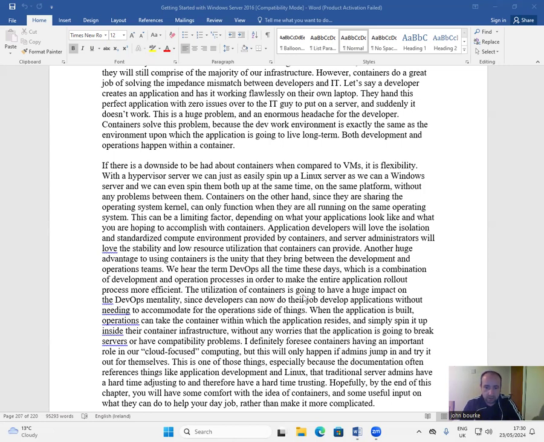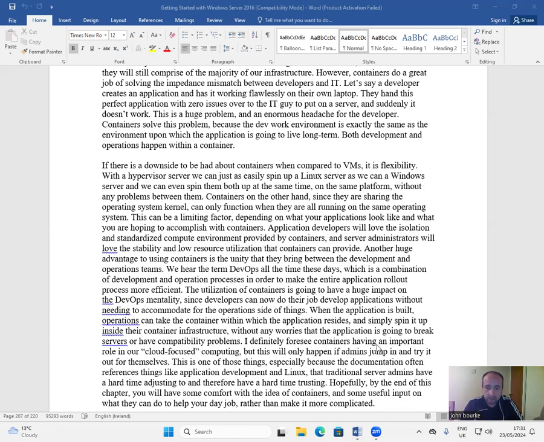The utilization of containers is going to have a huge impact on the DevOps mentality, since developers can now do their job developing applications without needing to accommodate for the operation side of things. When the application is built, operations can take the container in which the application resides and simply spin it up inside their container infrastructure without any worries that the application is going to break the server or have compatibility problems.